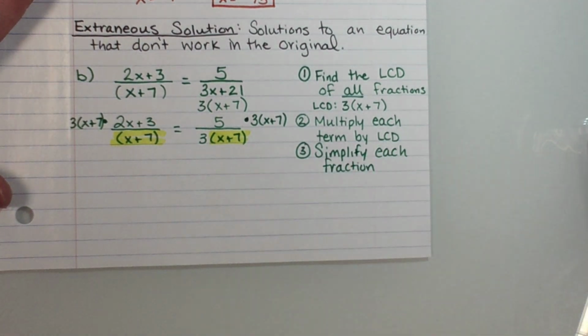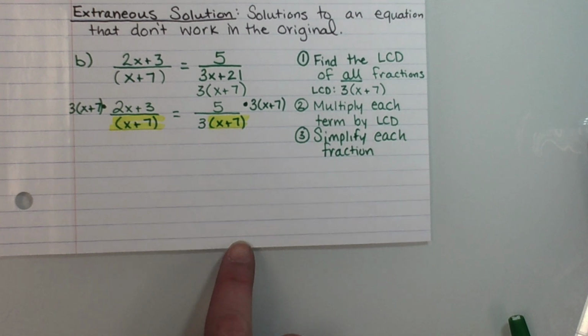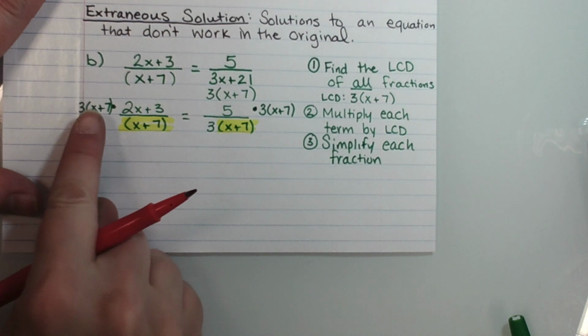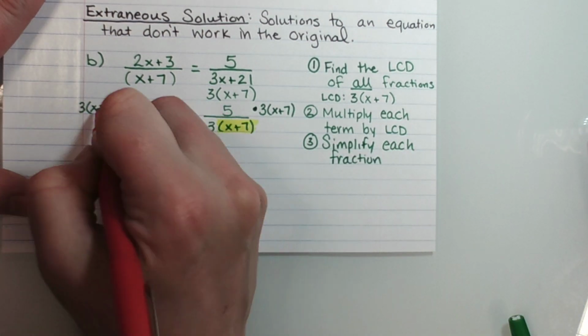And at this point, every single fraction should simplify. Specifically, it simplifies in a way where the denominators disappear. Because of the fact that the least common denominator is always going to carry everything from the denominators. Now, in this one on the left side, the x plus 7 is going to cancel out.